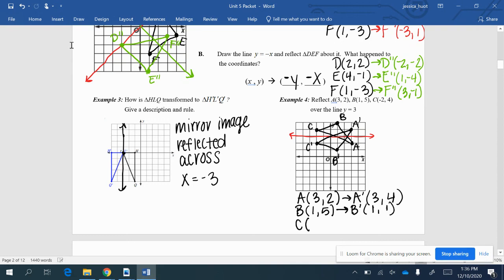C is at -2, 4. C prime is at -2, 2. And there you are. So a lot of reflecting is counting towards your line of reflection, and then drawing your new shape from there.